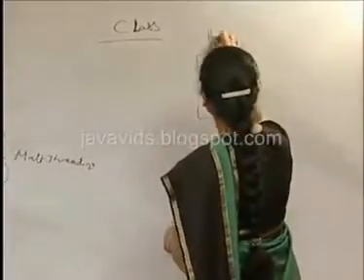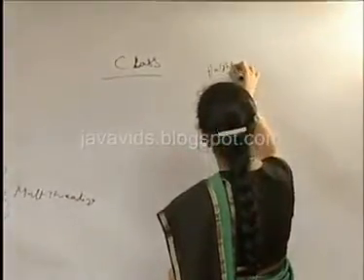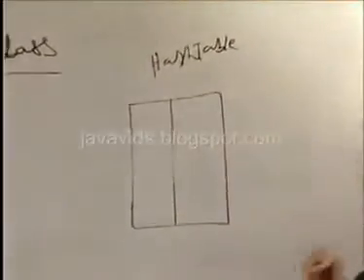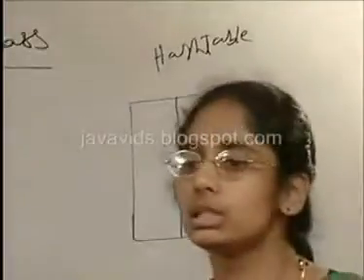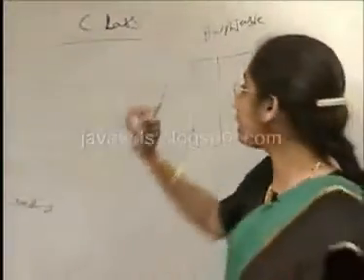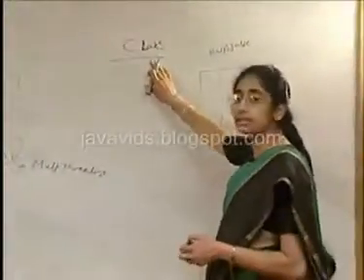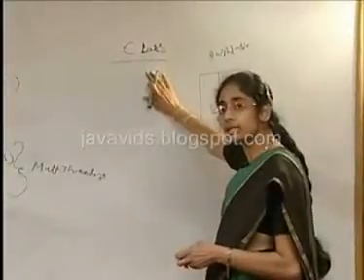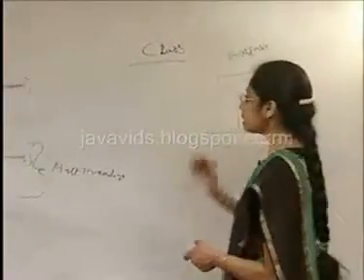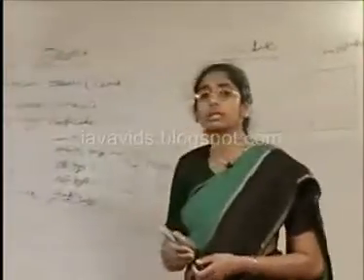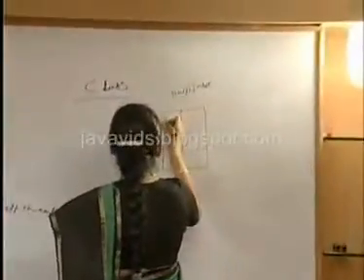A hash table is a key value pair. So remember, for every class loaded into the JVM, a Class object, an instance of Class, is created. Let's take the case of your HelloWorld program. HelloWorld is loaded into the JVM.